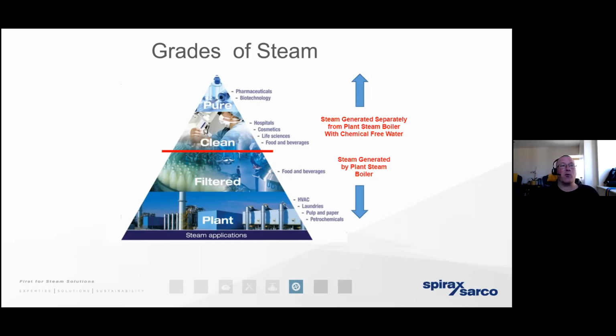Then we move further up towards the cleaner grades of steam: clean steam, also referred to as chemical-free steam, which is typically generated in a dedicated steam-to-steam generator. And at the very top of the triangle, we've got pure steam, sometimes referred to as process steam, that is typically used in a very small number of processes, for example where we may be manufacturing vaccines for injection into the human body.